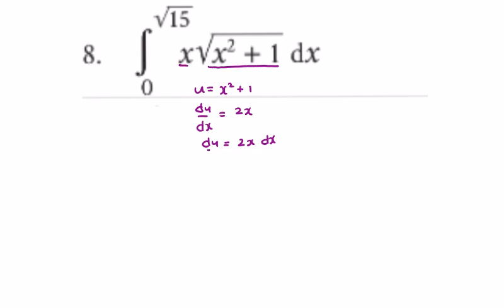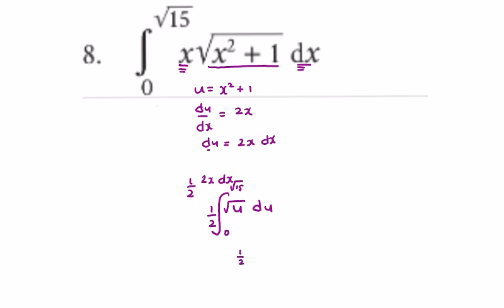Now we have x dx, so we're going to have a half times 2x dx, if I write it like this, just to give us the same as x dx. So we're going to have a half times the square root of u du. And it's going to be the integral of this between root 15 and 0.